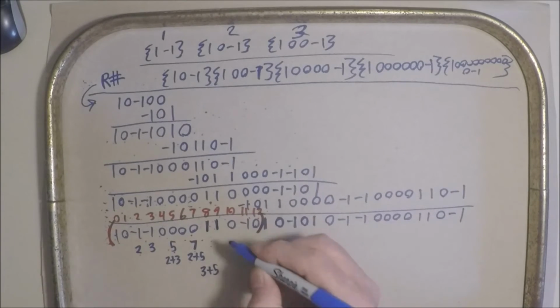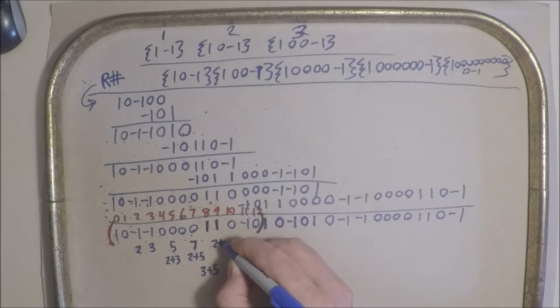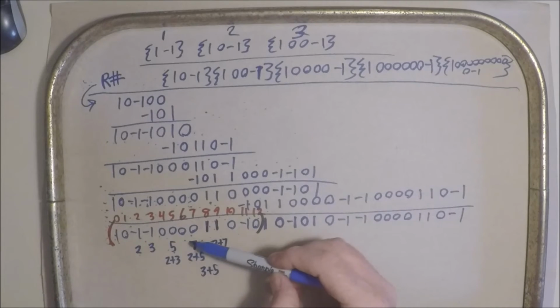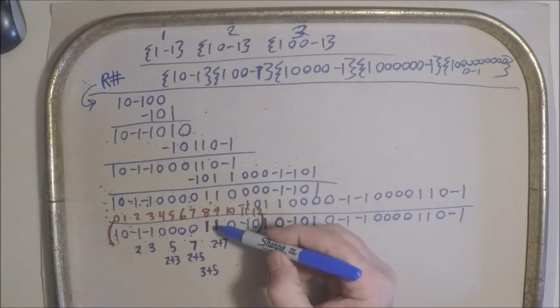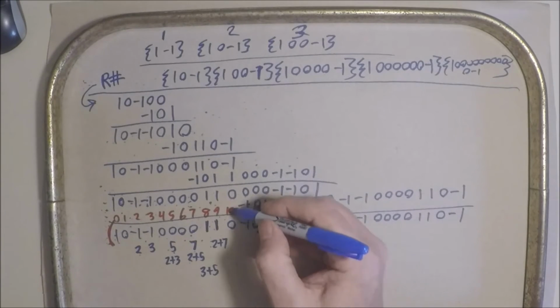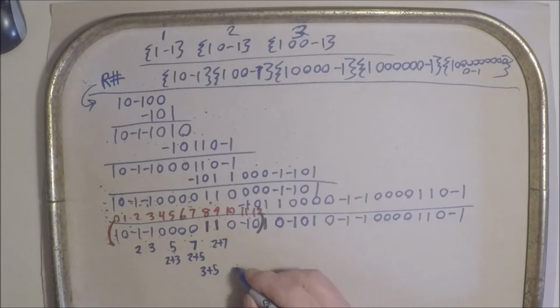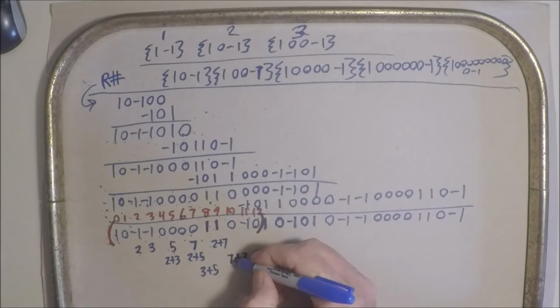For 9, we have 2 plus 7, and there are no other ways to have distinct primes sum to 9, so that's a positive 1 because there's 2 summands. For 10, notice that we can do 7 plus 3, so we get a positive 1.